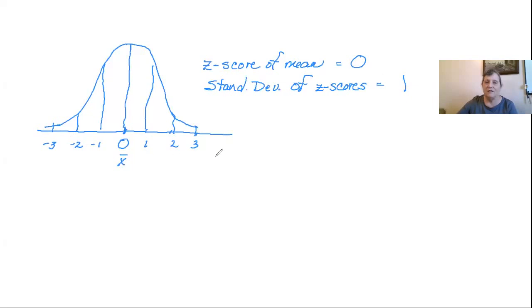And this lets us have one way of computing all the different possible probabilities for different Z-scores, instead of having to have a different table for every possible situation, which would basically be impossible.